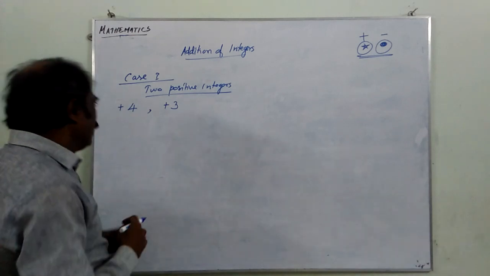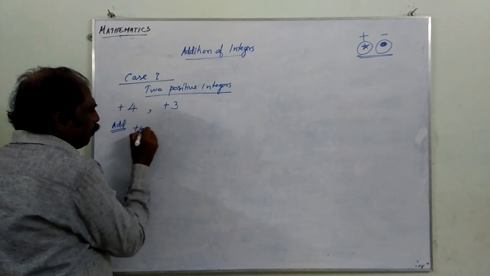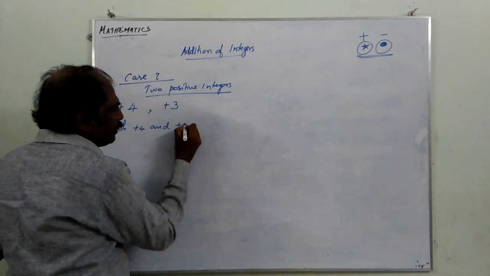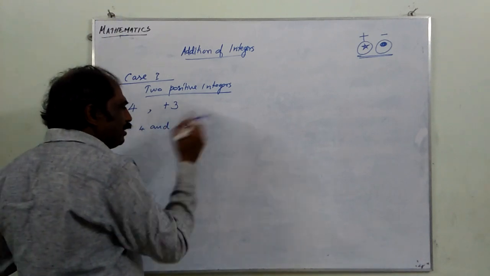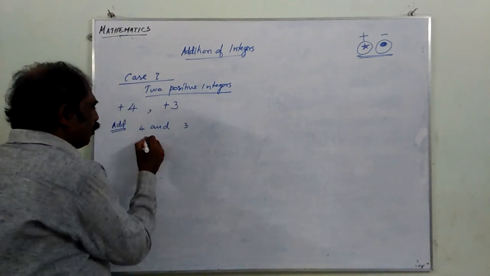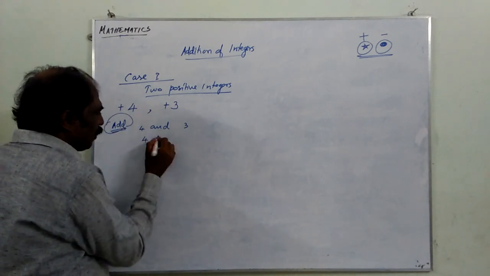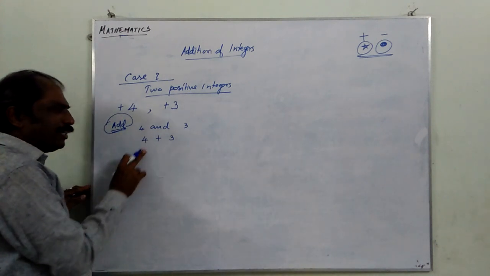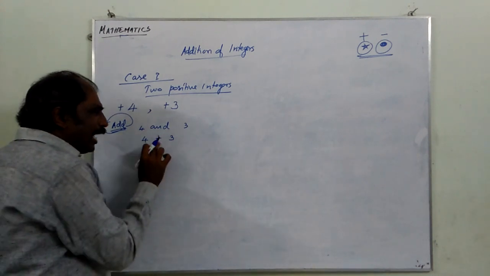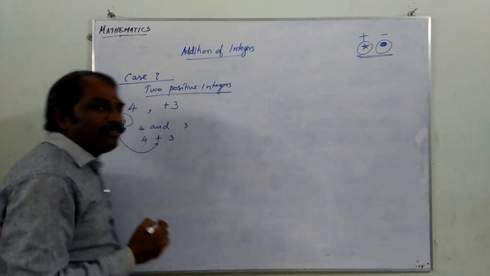Now if you want to add plus 4 and plus 3, sometimes the plus is not given. We add 4 with 3. This is a positive integer, this is also a positive integer, and this is the symbol for addition.